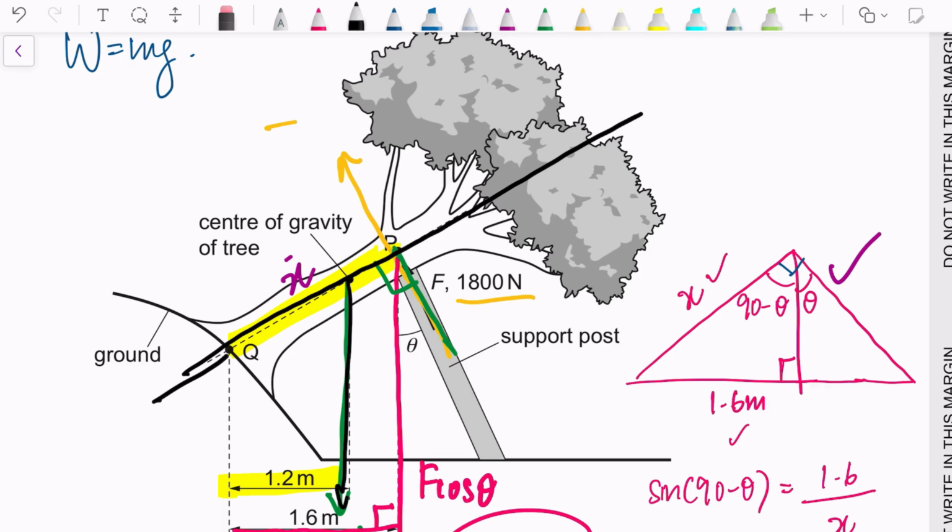Your R is also acting at this axis, and your force is also acting on this axis. So initially, your force is already perpendicular to your axis. And when your force is already perpendicular to your axis, you shouldn't resolve it further. You must find a distance that is perpendicular to this force, which is what we did just now by finding the x.